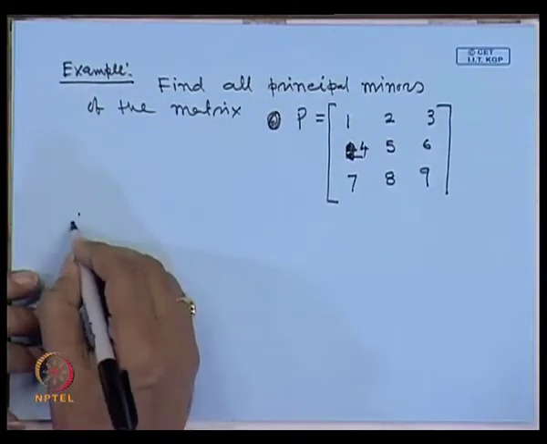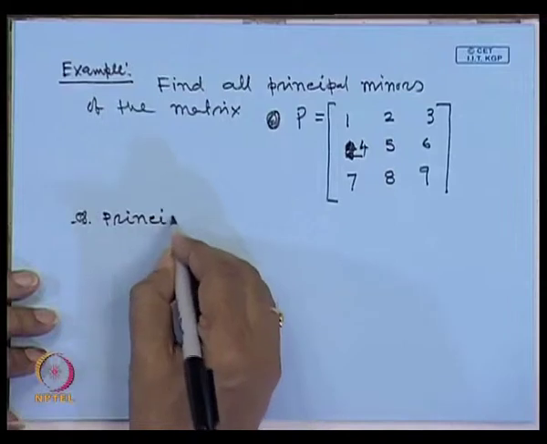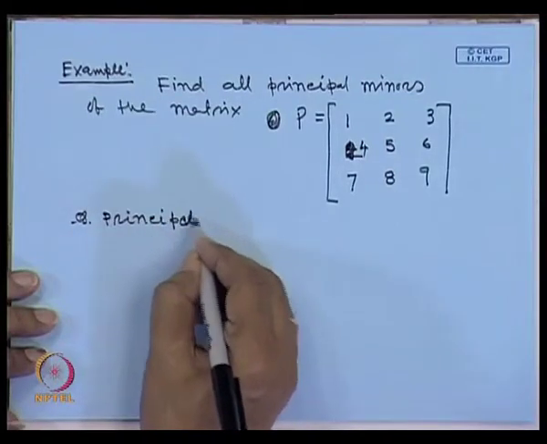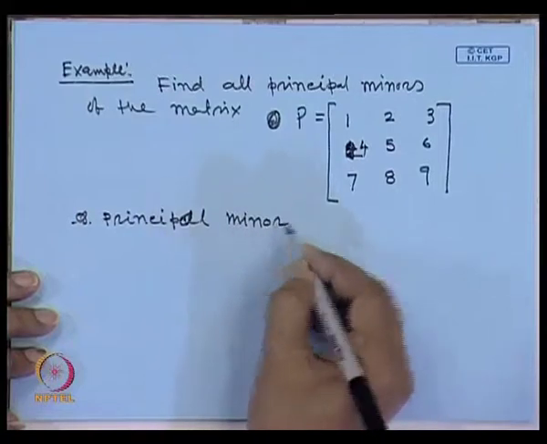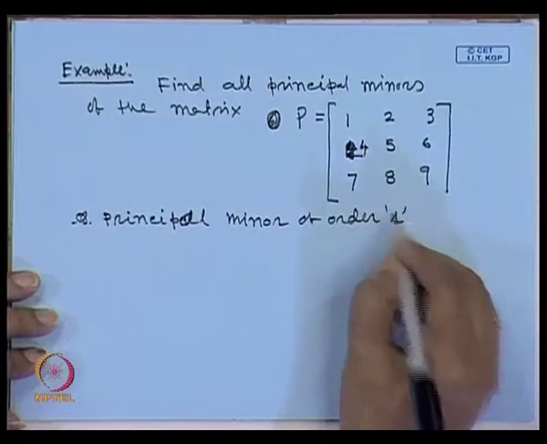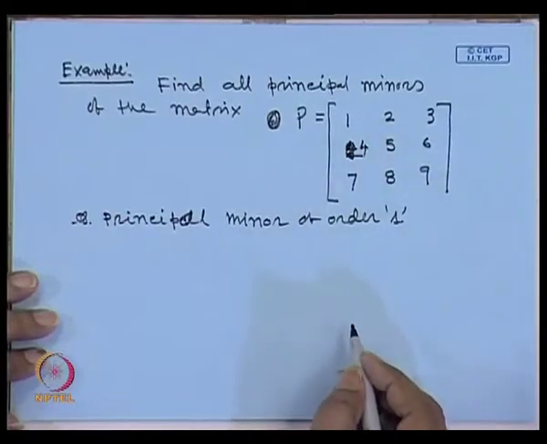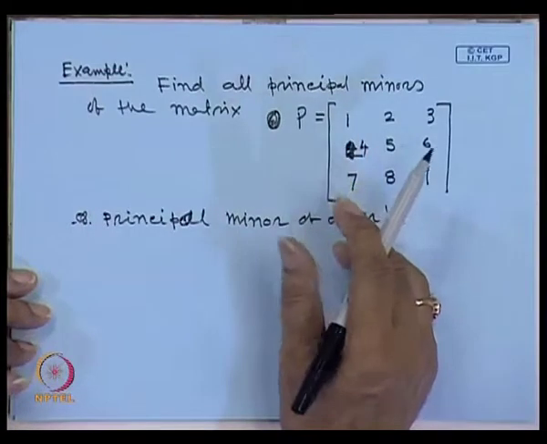So, what will we do? First find the principal minor of order 1. For principal minor of order 1, you have to take all the 1 element matrices. That means, from this matrix you pick up matrices of size 1 by 1.